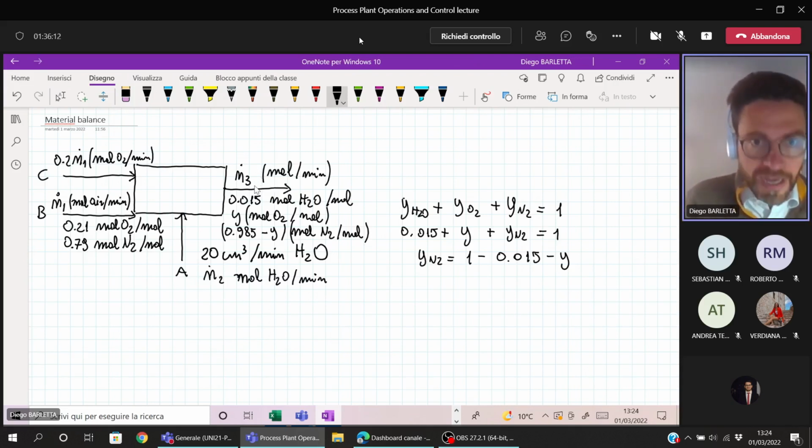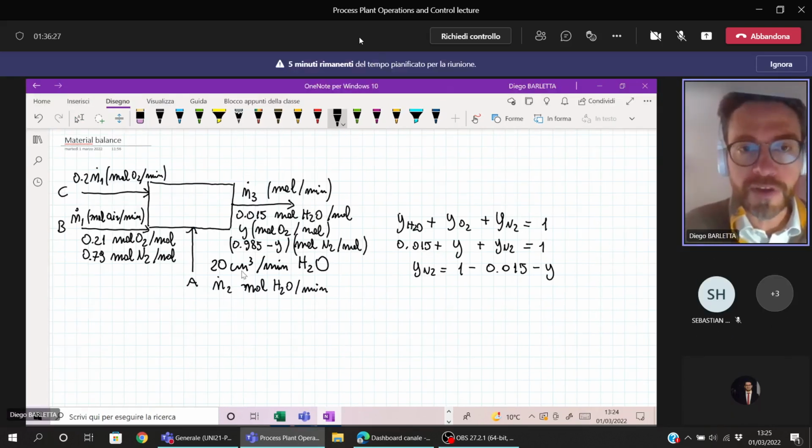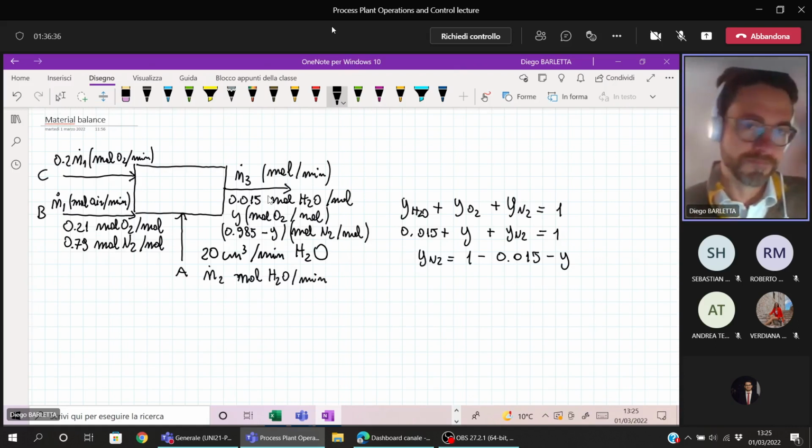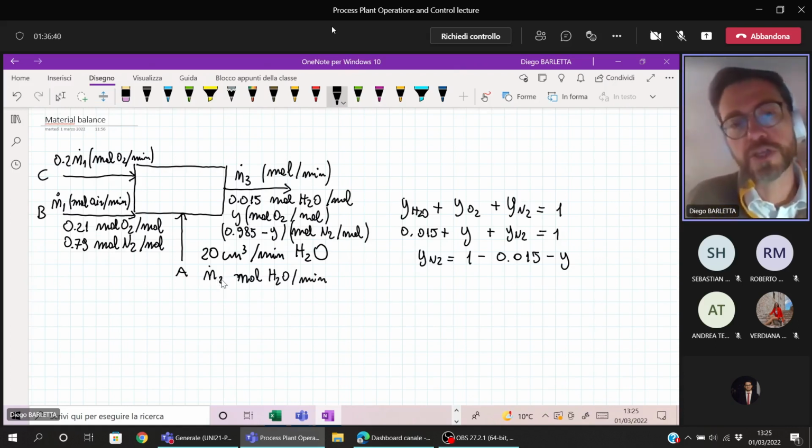So basically, we have as unknowns of this problem only n1, n2, n3 and y. So we have only these four unknowns.